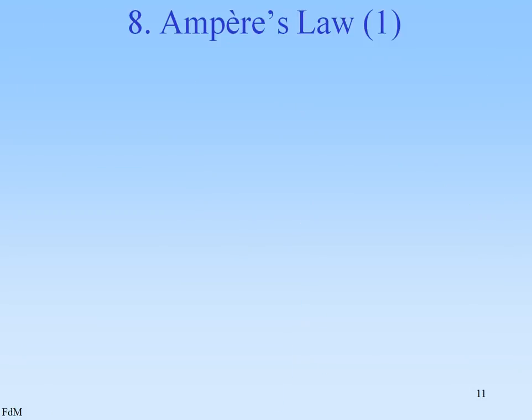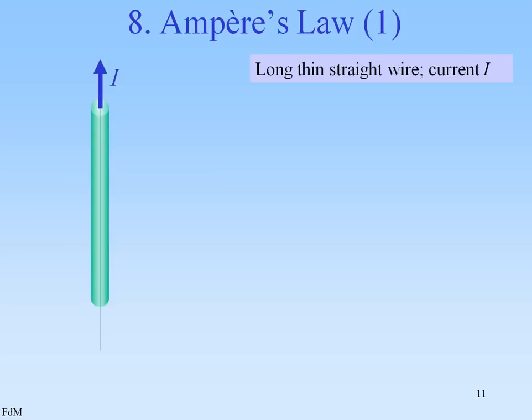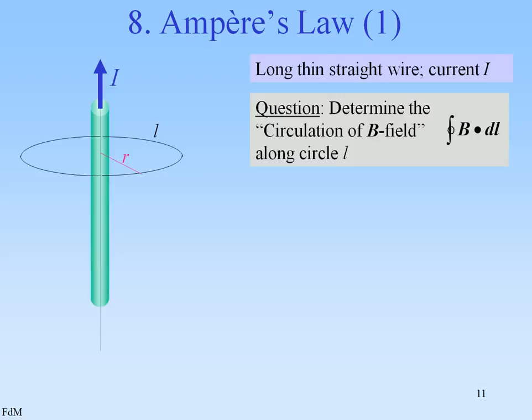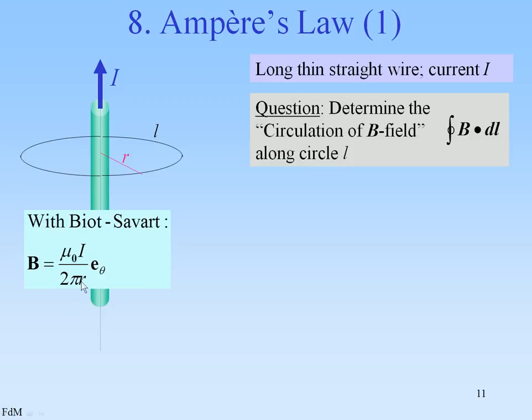Now we go to the law of Ampere. Suppose we have a long, thin, straight wire with current I, then the question is to calculate the circulation of the B field along circle L. Biot-Savart is given, so B is mu naught I over 2 pi r times the tangential unit vector.